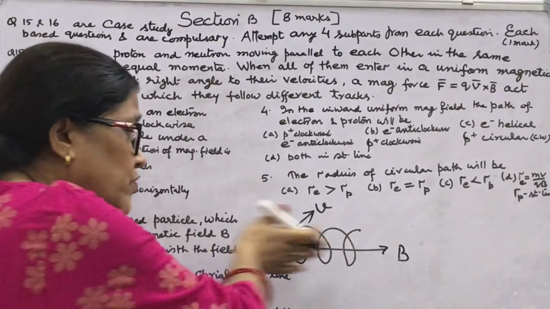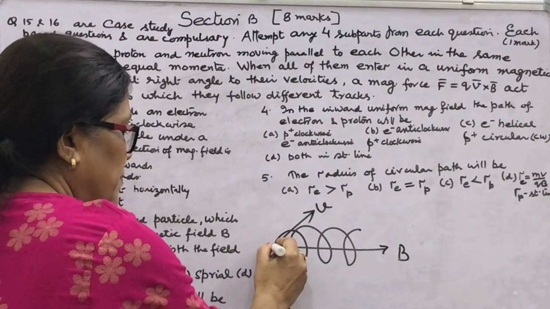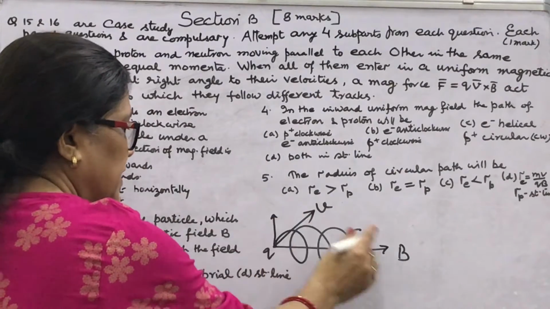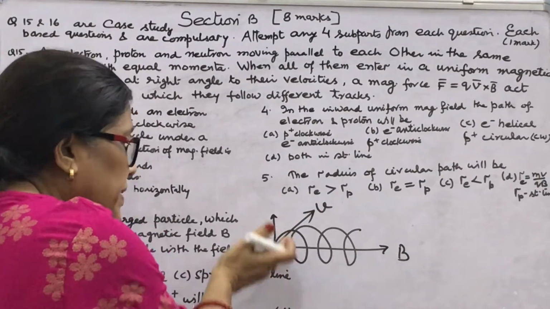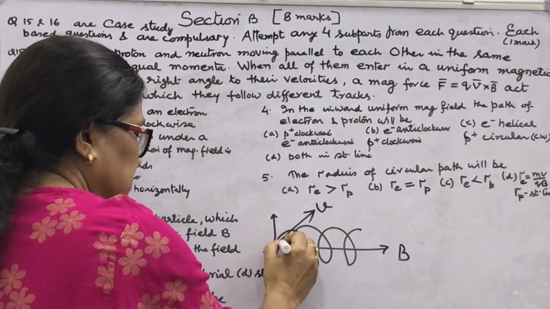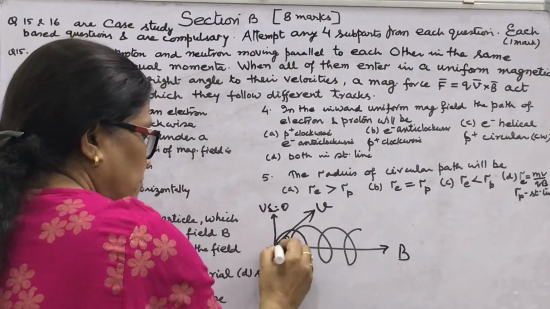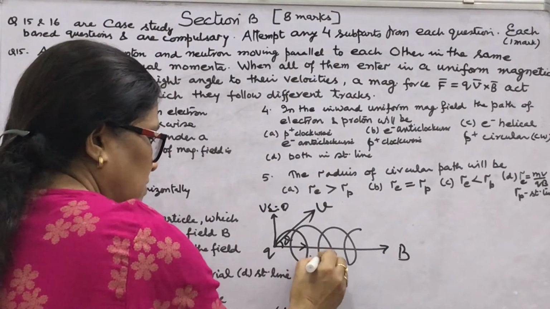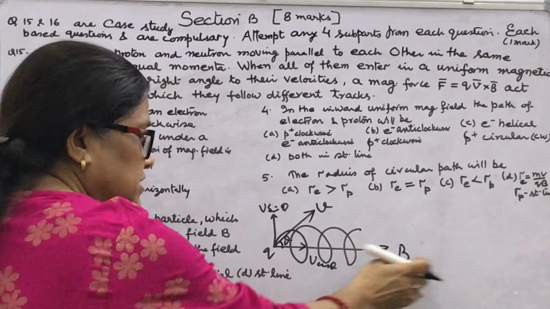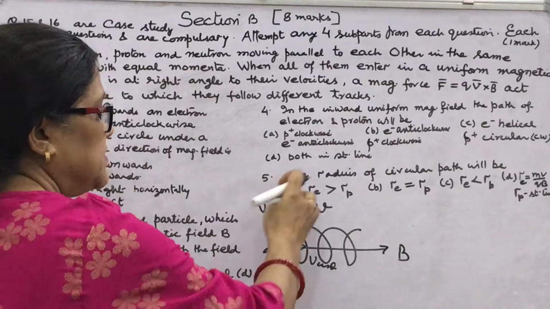It will move forward, and the component of velocity perpendicular to the direction of magnetic field B will make the path circular. Suppose this angle is theta, then this is v sin theta and v cos theta. Learn, revise. So v cos theta gives the forward movement and v sin theta makes the circle.